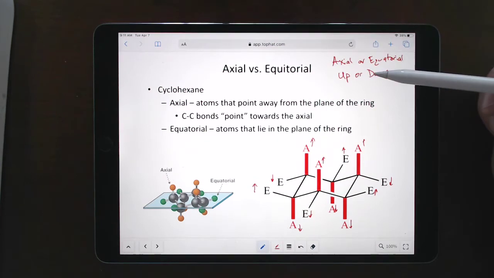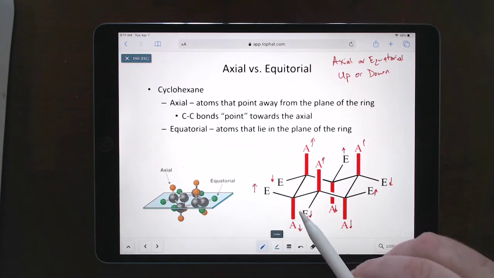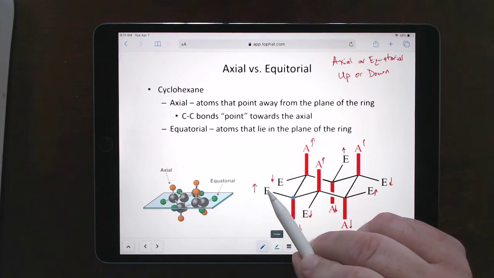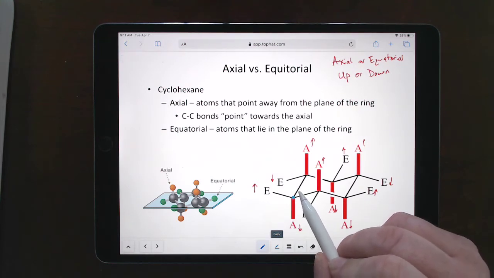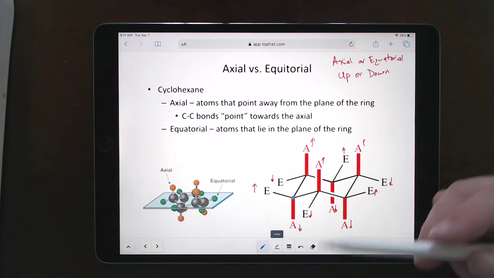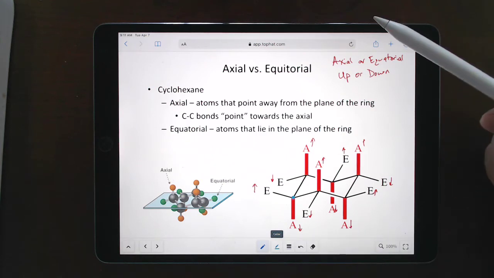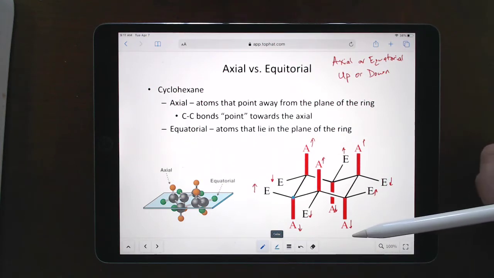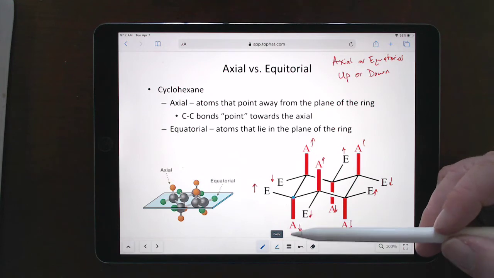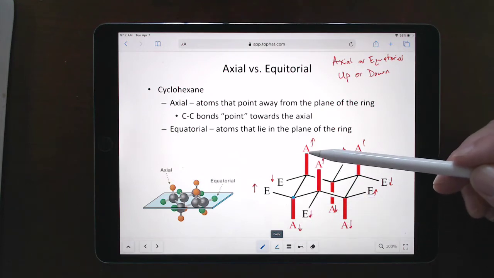Now, the axial and the equatorial are a little bit more difficult to determine, although it's not that hard. If it's going straight up or straight down, just like the axis of the Earth, North Pole, South Pole, going up and down, then it's axial.